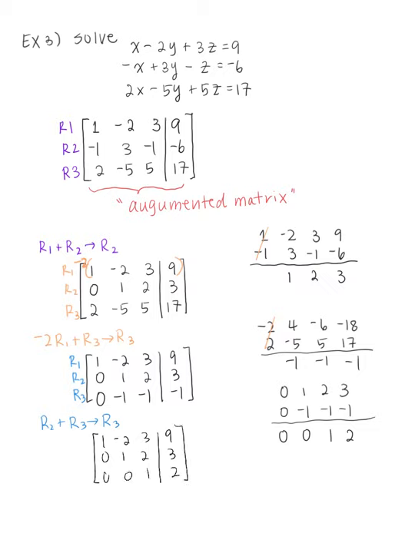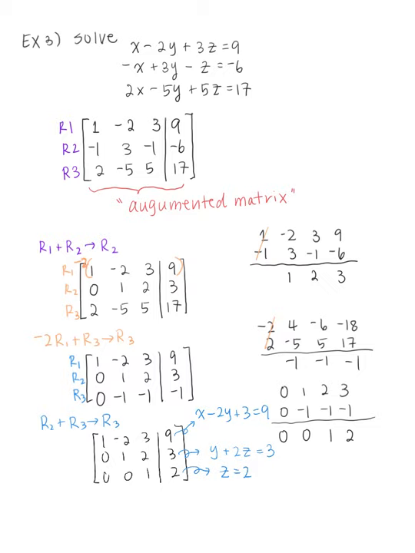All right, so the third row tells us that z is going to be 2. And then what we have on the second line is this. Our second line translates as 1y plus 2z equals 3. And the first row is translated as 1x minus 2y plus 3z equals 9.